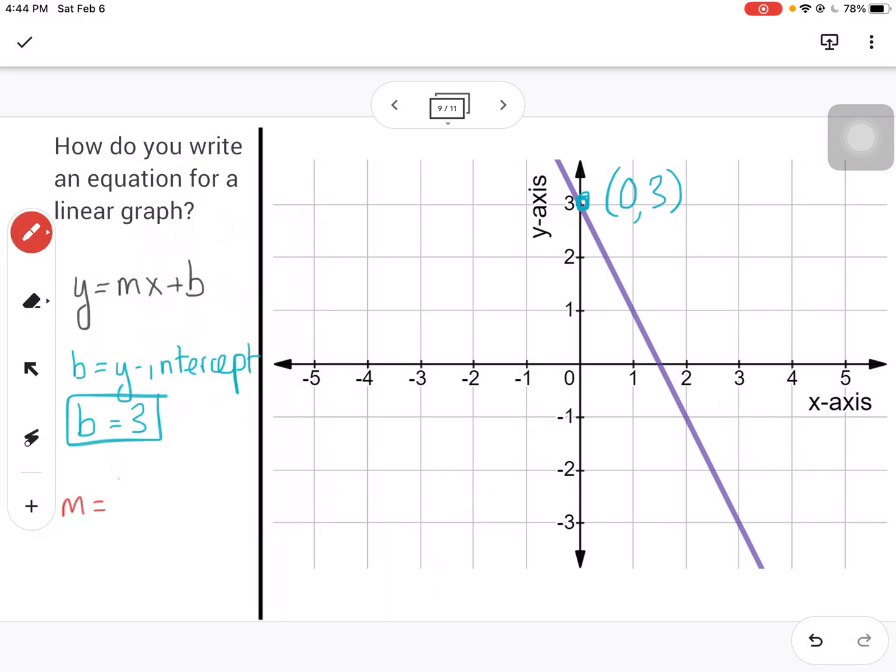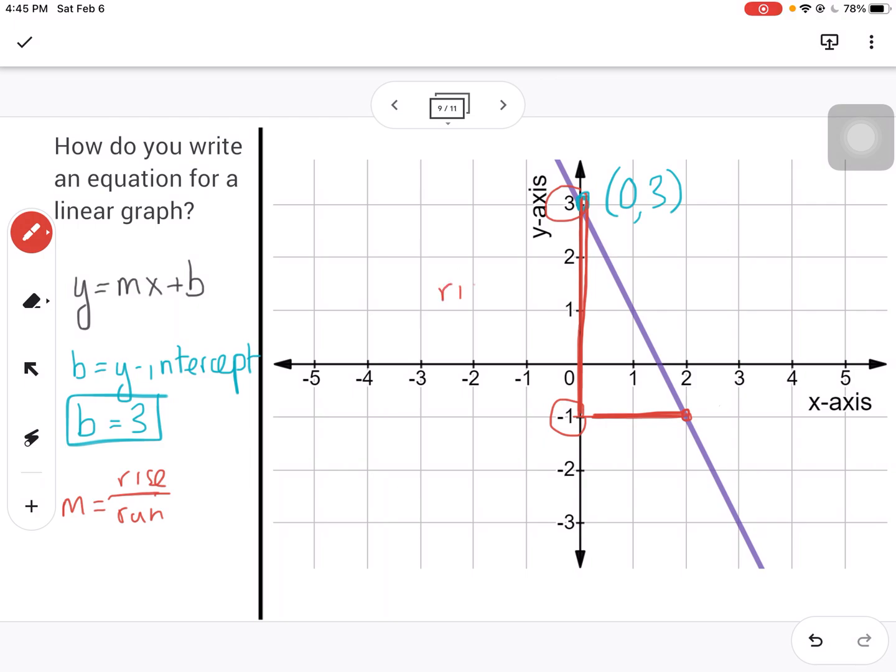Our slope is our rise over our run. Let's just pick 2 points on our graph, this point to this point. You can see we are actually going down and then over. We went from 3 down to -1.